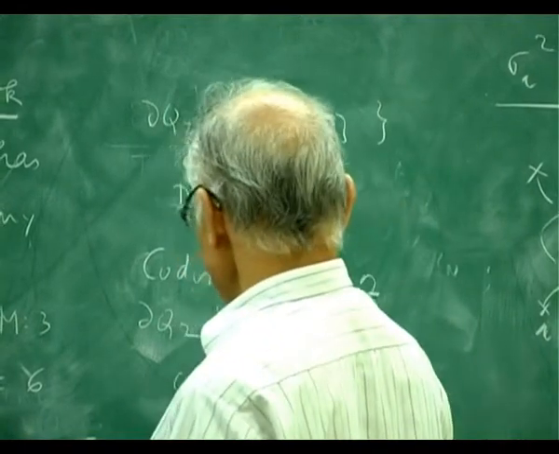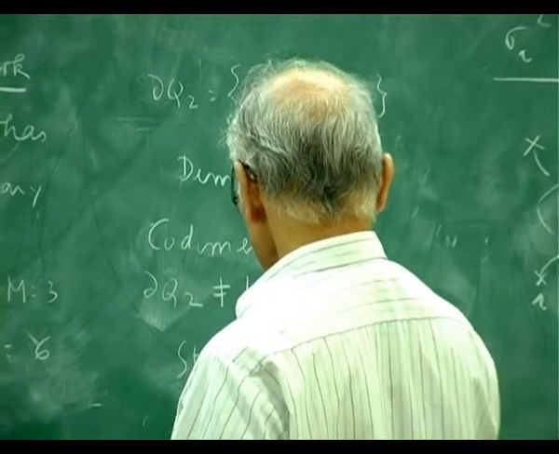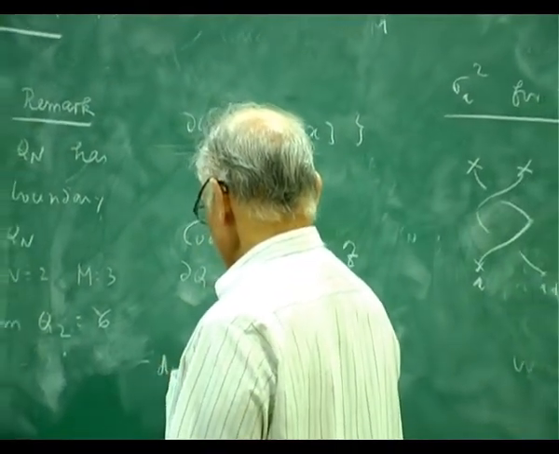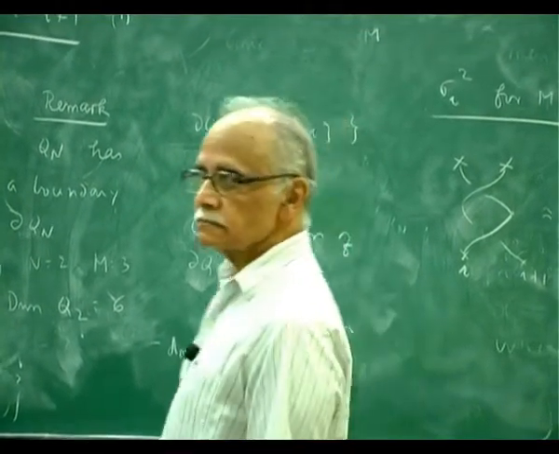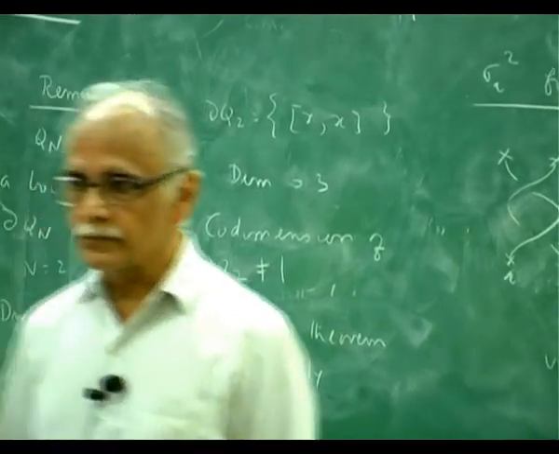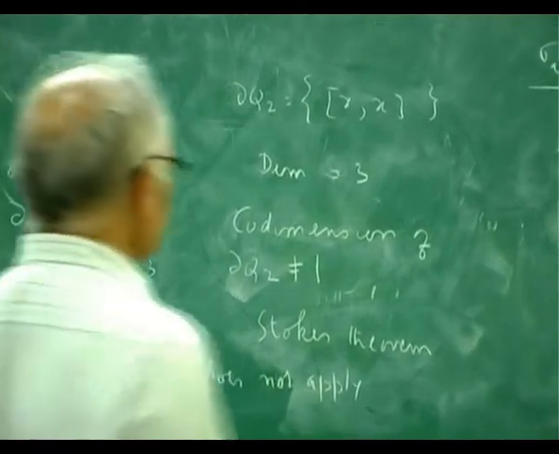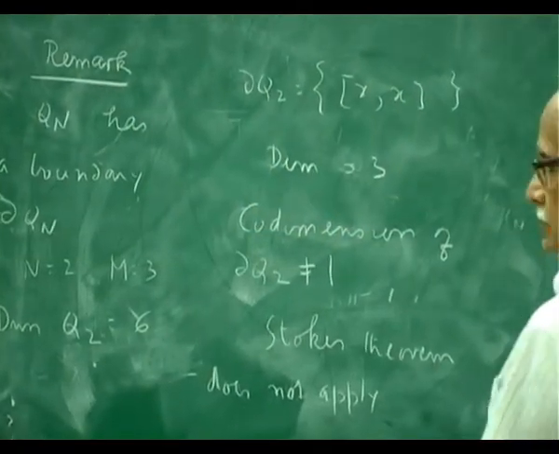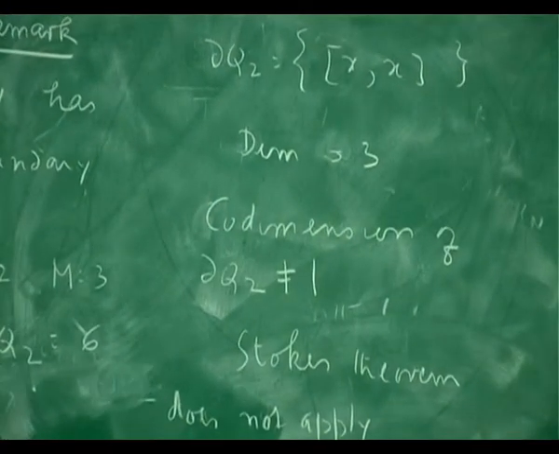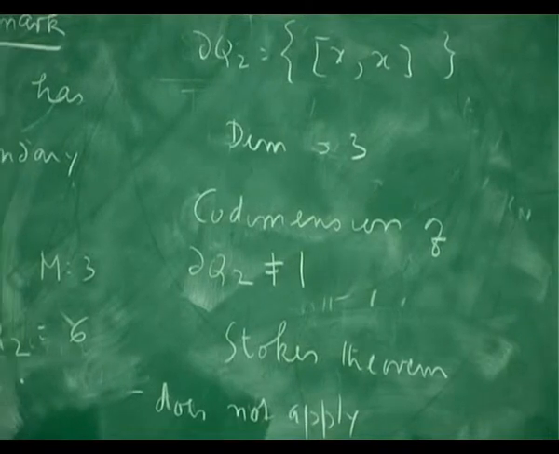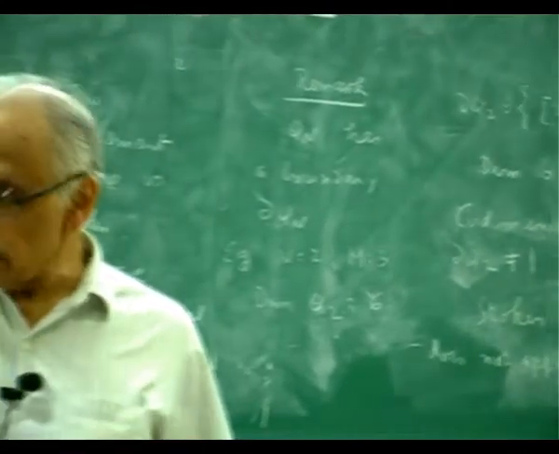Stokes theorem does not apply. You cannot do partial integrations. Not every manifold has a regular boundary. A regular boundary is one which is smooth, of course, and codimension 1. There you can apply Stokes theorem. Here you cannot apply Stokes theorem. It's not a regular boundary, but it is there.